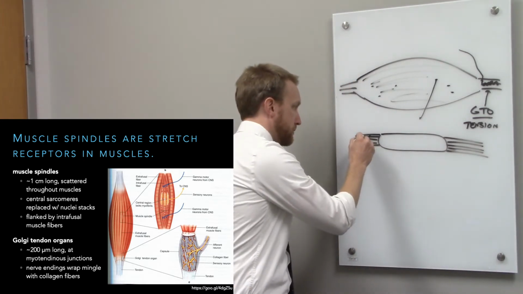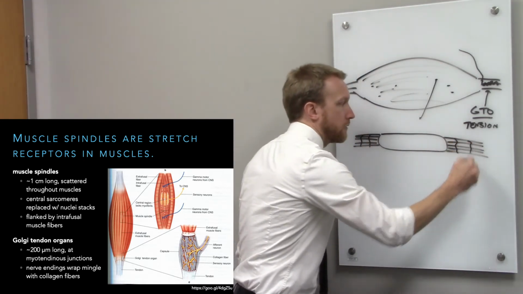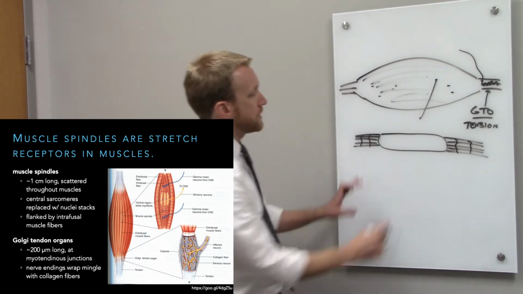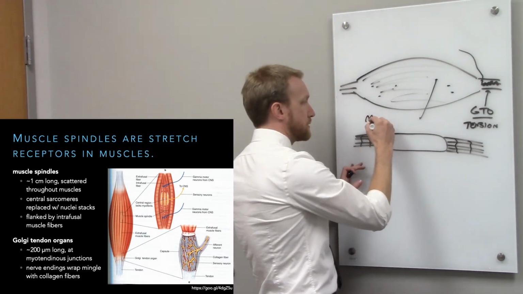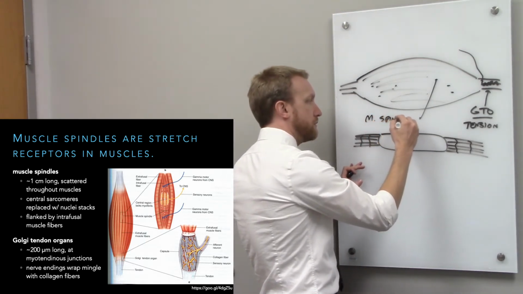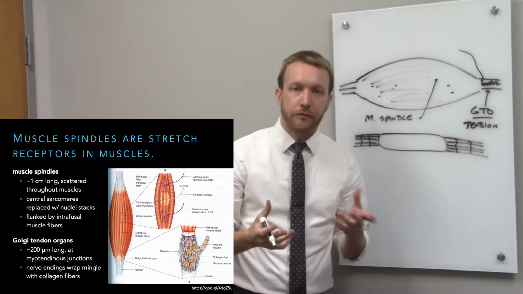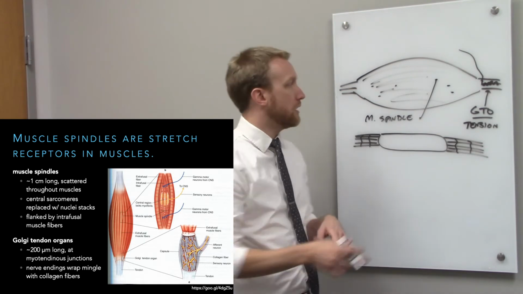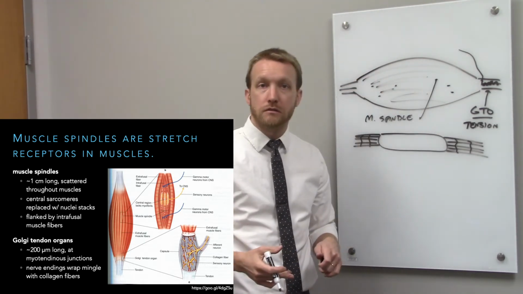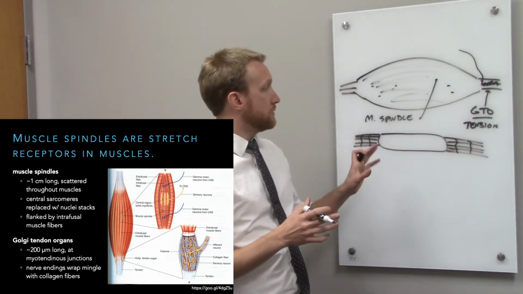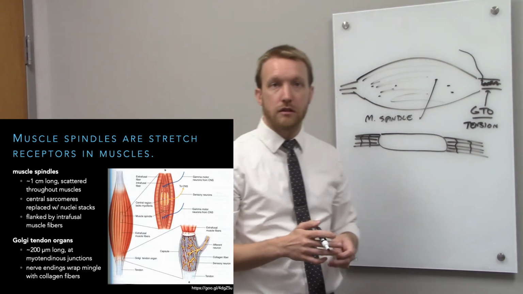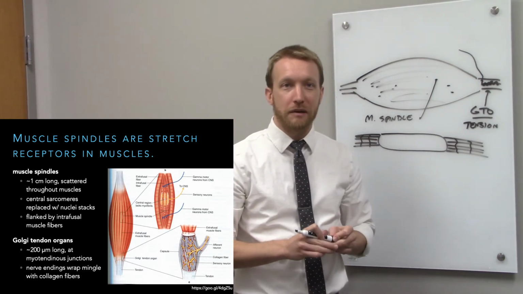And let's get some sarcomeres on there. There you go. Now we're a muscle. So this is the blow up of the muscle spindle. They're fairly small, so about a centimeter or so, and they're scattered throughout muscles. All right, you'll get to know these quite well as we continue to talk about them.